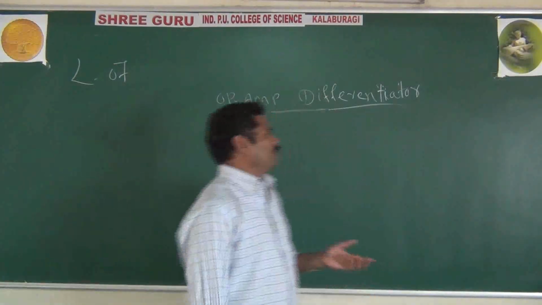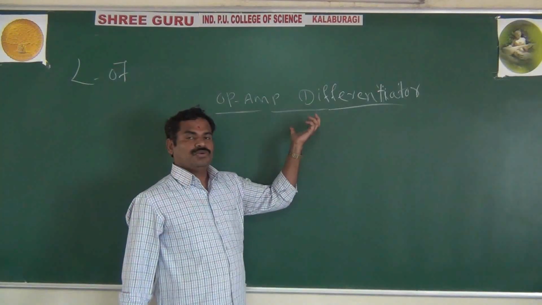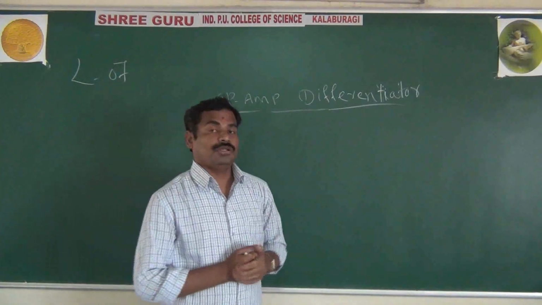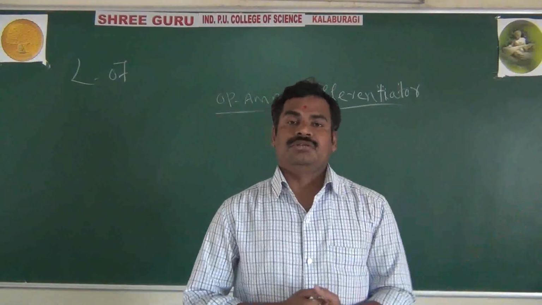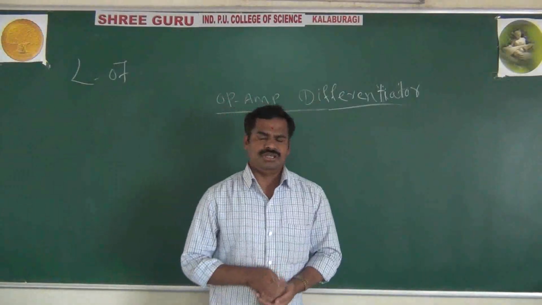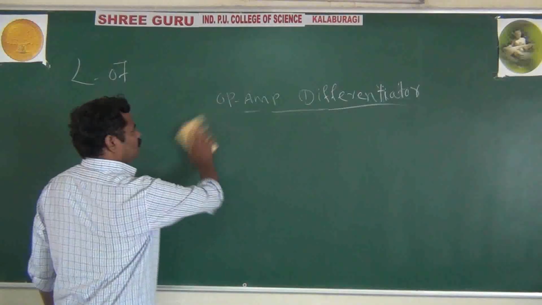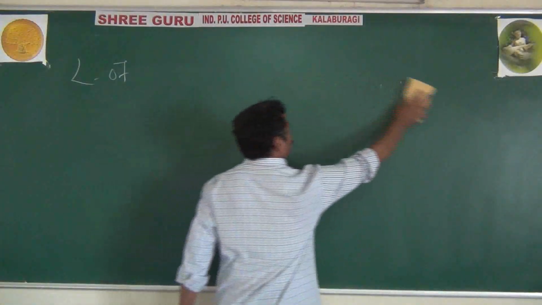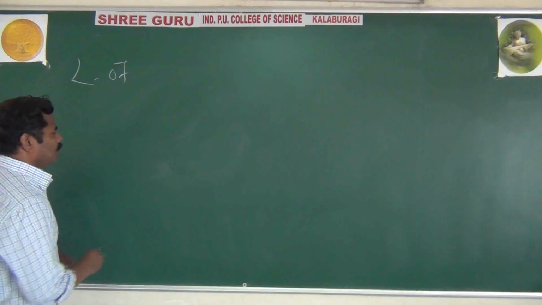And as I said, the differentiator is a circuit in which the output voltage is proportional to the derivative of the input voltage, or the output voltage is proportional to the differentiation of the input voltage. First, draw the circuit diagram.